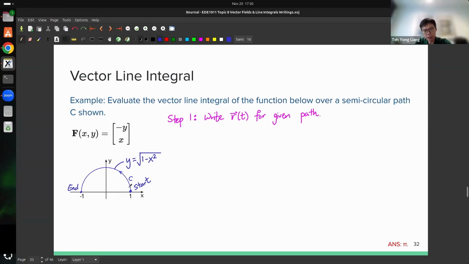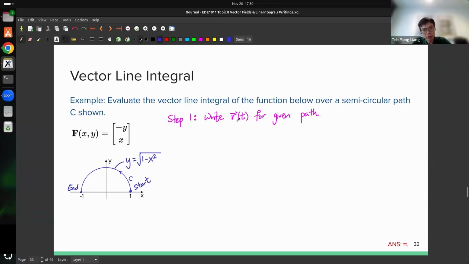But obviously, it's part of a circle, so I think using polar coordinates will be better. Nevertheless, let me show you the Cartesian version first, then the corresponding parameterization using polar coordinates. We have two versions just to have more examples.